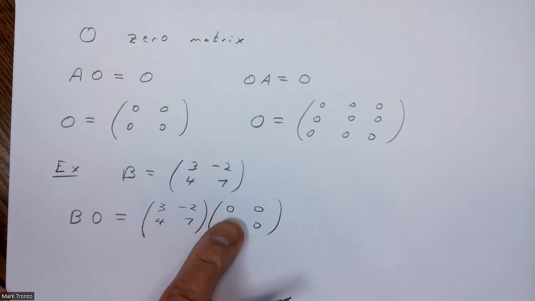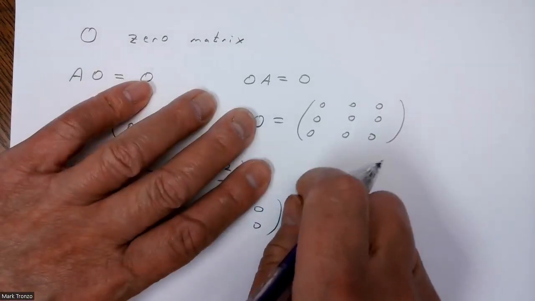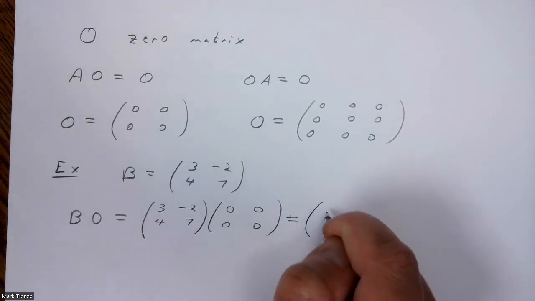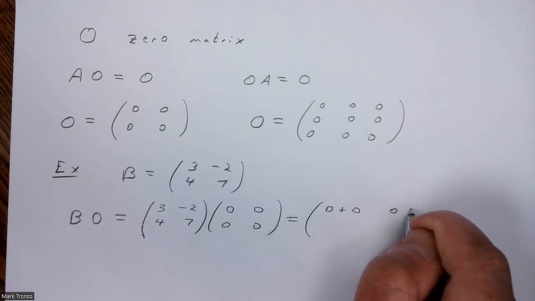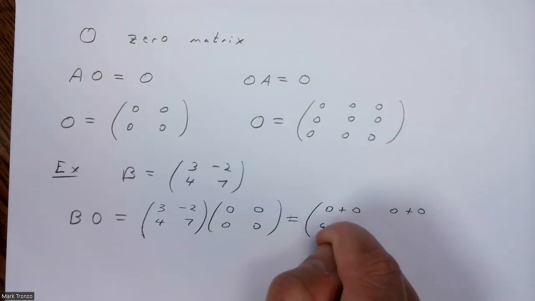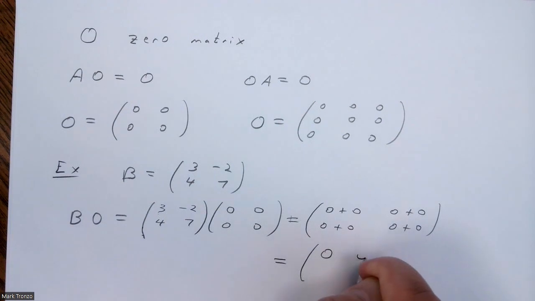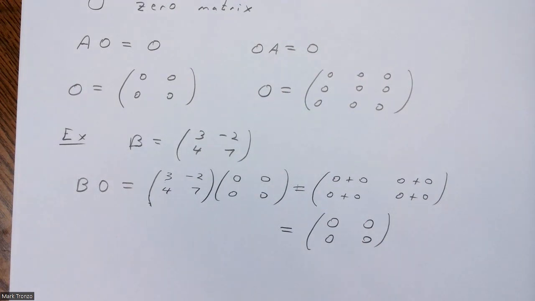And again, 3 times 0 plus minus 2 times 0 is going to give us 0 plus 0. Then same thing over here, same thing over here, same thing over here, and we end up with the zero matrix like this. So the zero matrix times anything will always give you the zero matrix back.